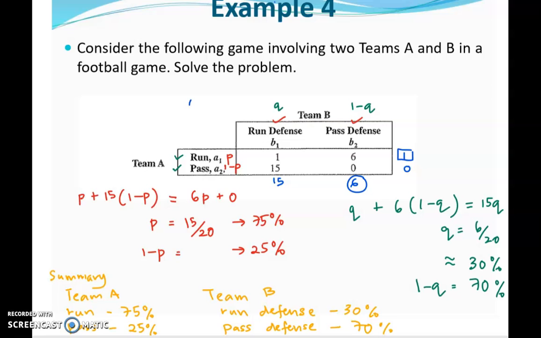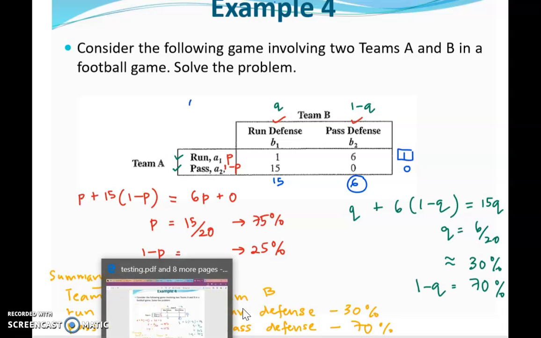So we can summarize this situation. For team A, they will adopt the first strategy, which is to run, 75% of the time, and will adopt the second strategy 25% of the time.